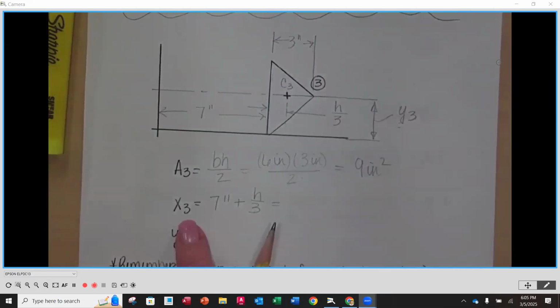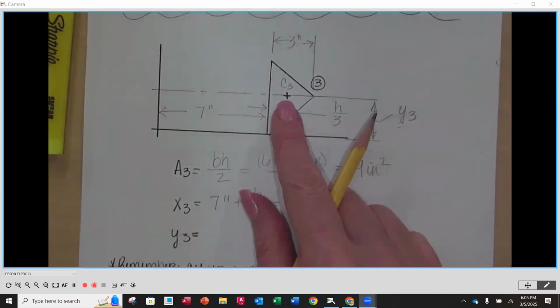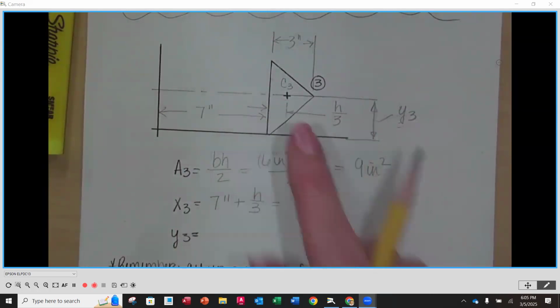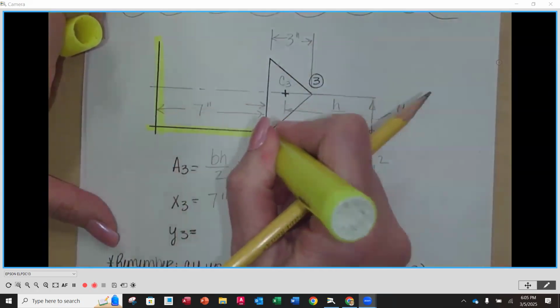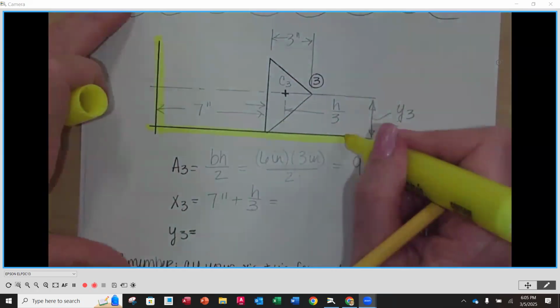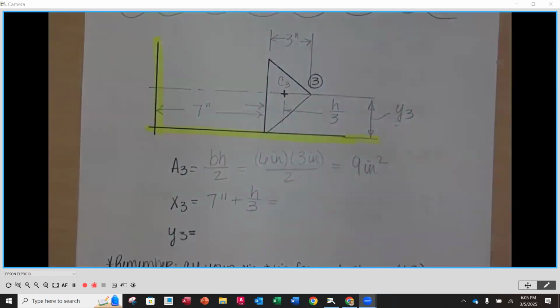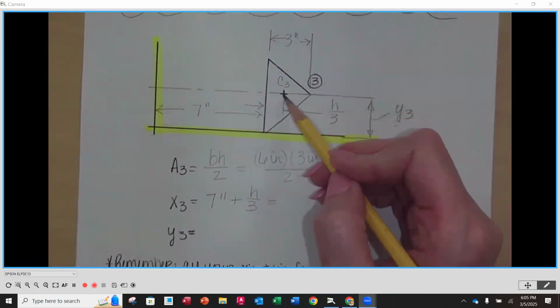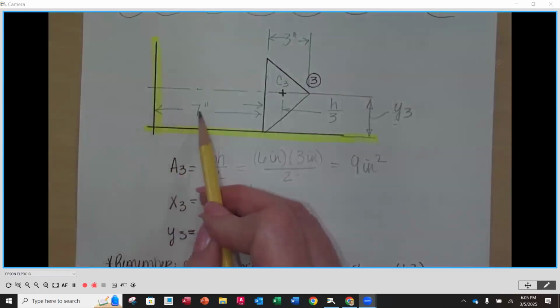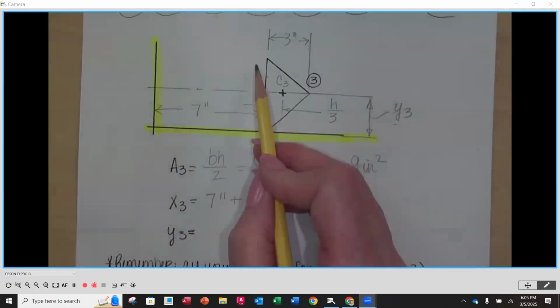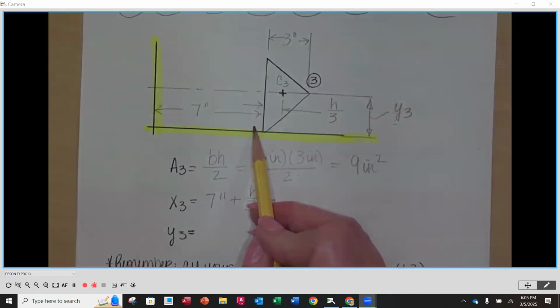Let's look at X3. X3 is the centroid of our triangle. Now remember, all of our X distances for the individual shapes have to come from the reference axis. So the location of our centroid has to come horizontally from the y-axis. So we have to take 7, because that's where our triangle starts. That's how long that rectangle was.